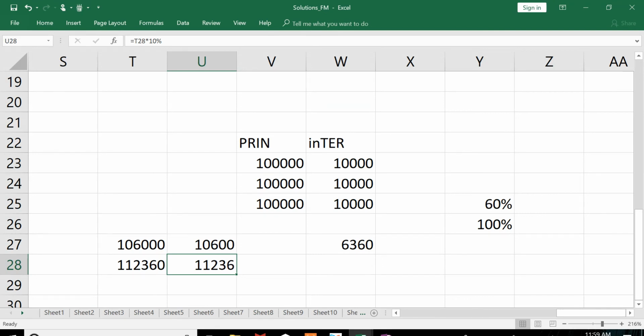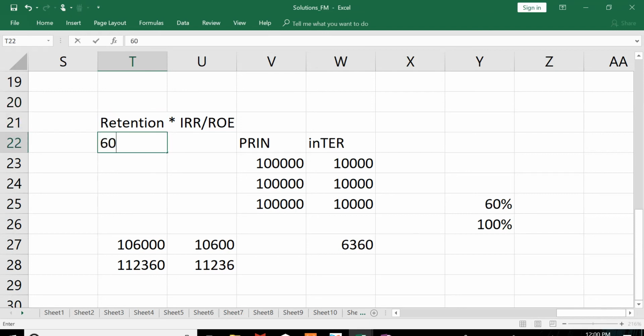The formula for growth is retention into IRR/ROE, that is, whatever you are retaining. First example, you are retaining 0%, growth is going to be 0, whatever be the IRR. Second scenario, when you retain 60%, IRR is 10%. Basically, the bank is giving an interest of 10%. So 60% into 10% will be the growth.